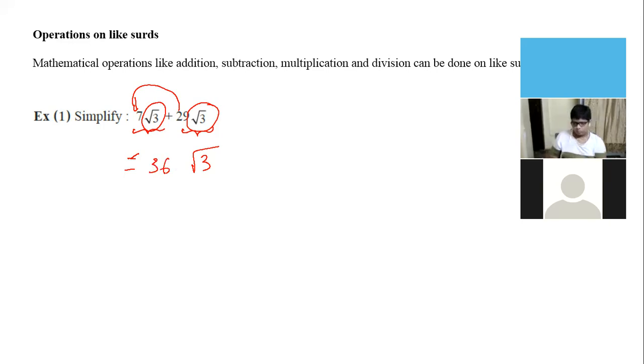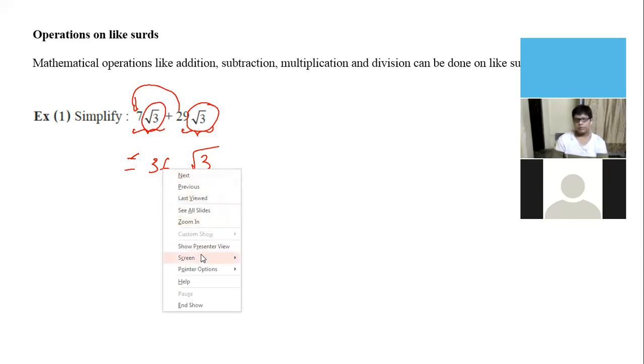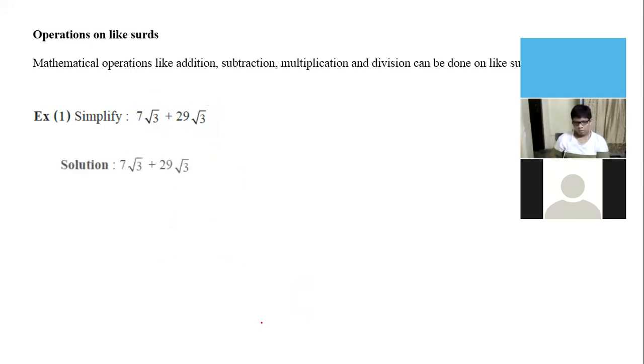So this will become 36 root 3. Did you understand how to add? Yes, sir. So we take the root 3 common and just add the numbers in front of the root. That is 7 plus 29, and this is 36 root 3.